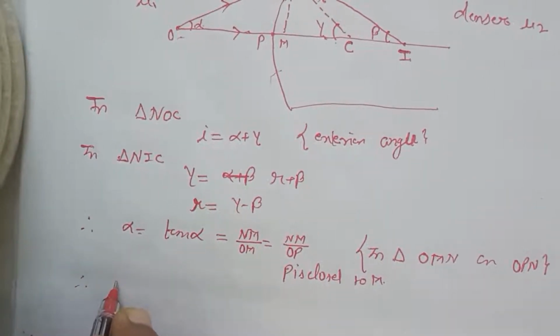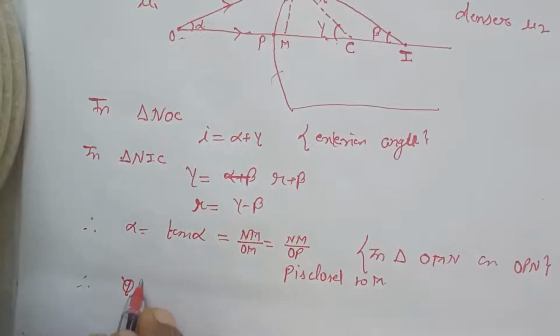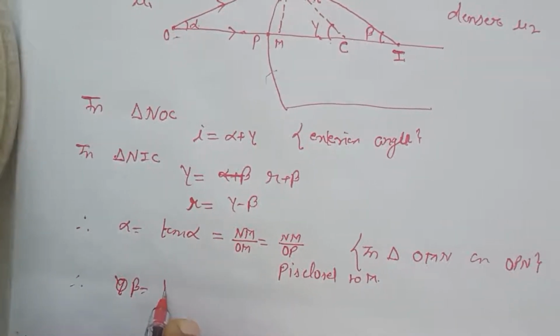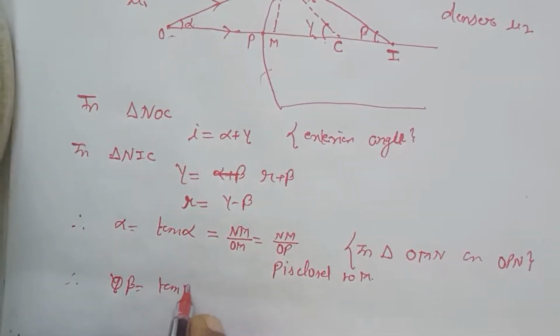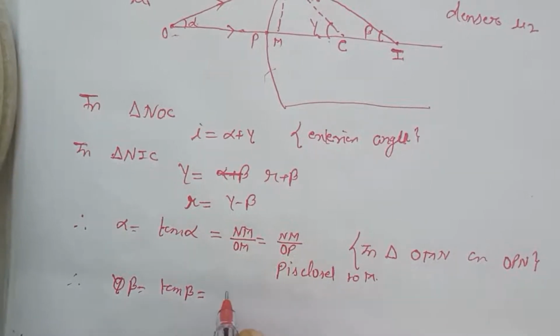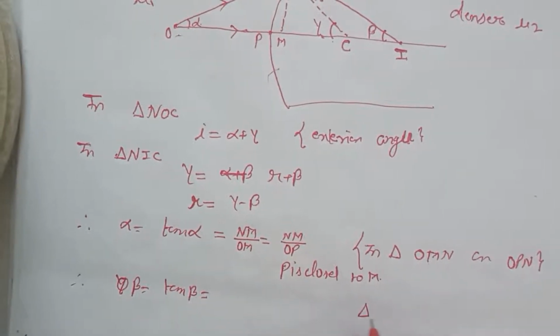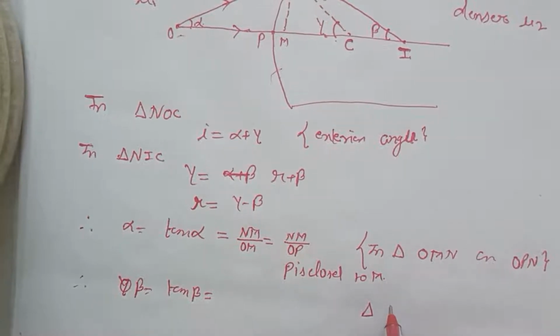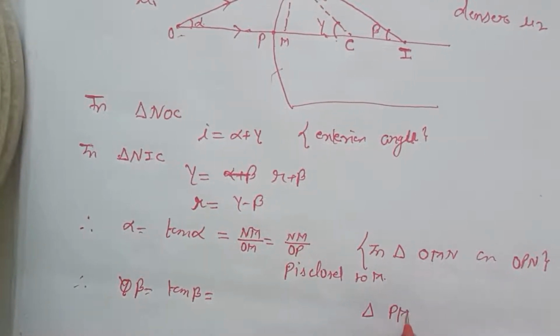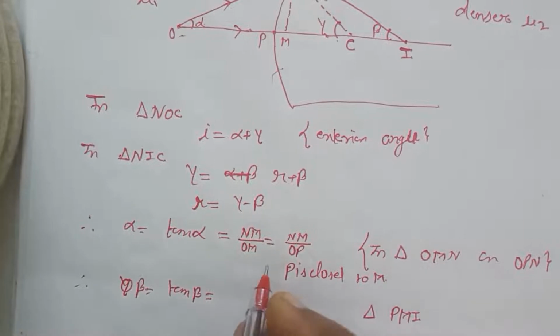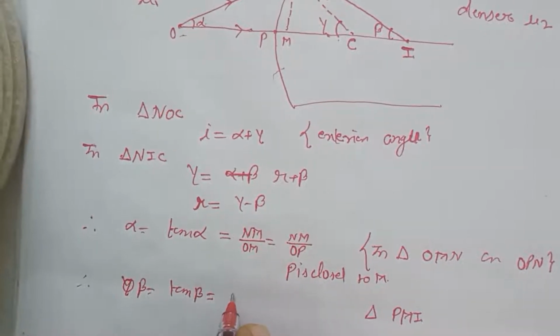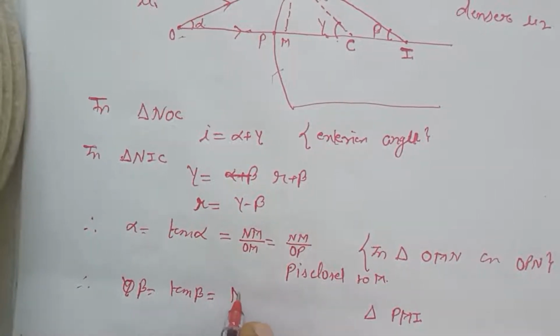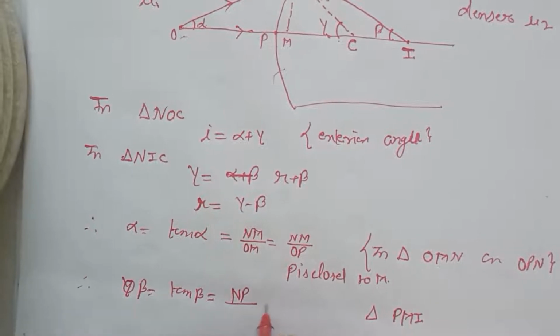Again, the value of beta: tan beta in right angle triangle PMI, tan beta is perpendicular NM divided by PI.